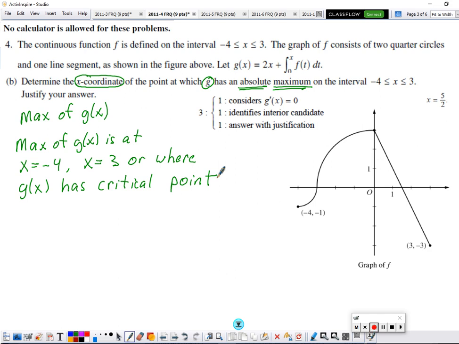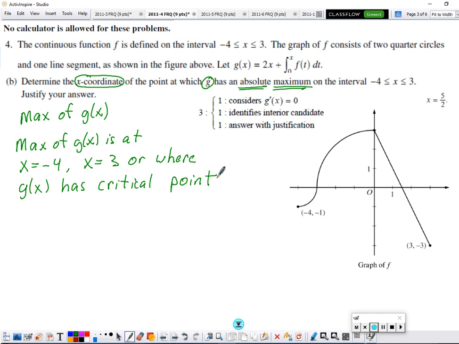Question. And the memory should just pop to mind right away, because as you read the problem, it says find the max of g. Sit down, please. So we can't just say where g prime of x changes from positive to negative? That's just a relative max. So you can't confuse relative with absolute or you will lose points.